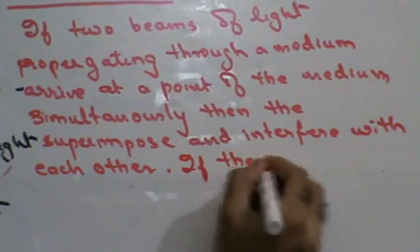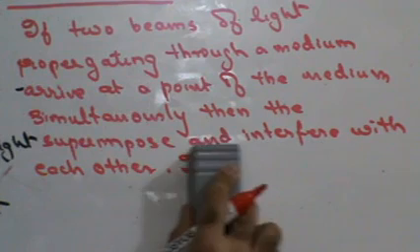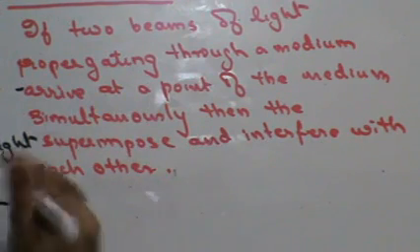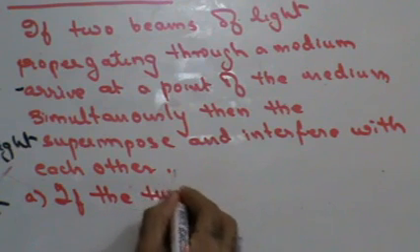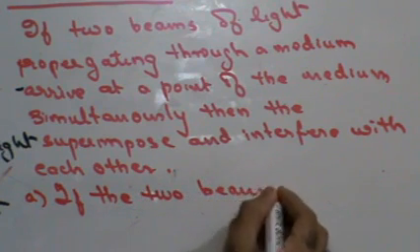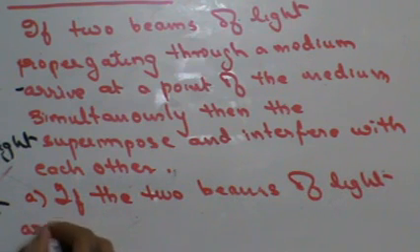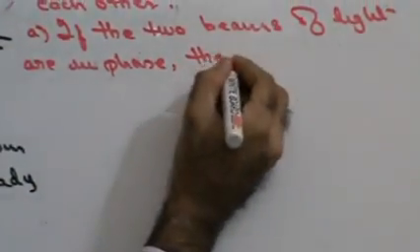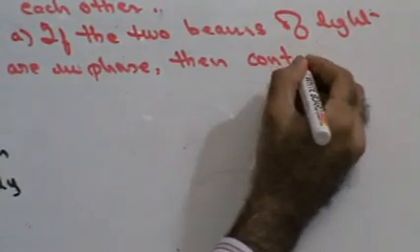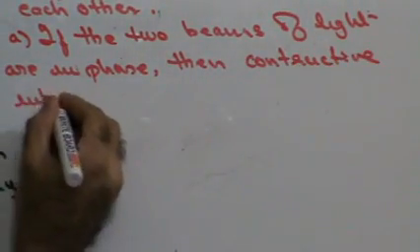If the two beams of light are in phase, then constructive interference will take place.